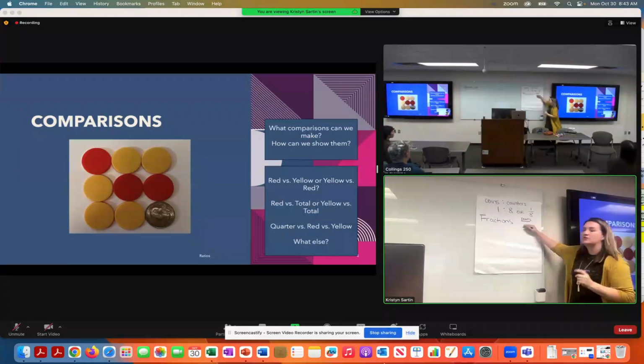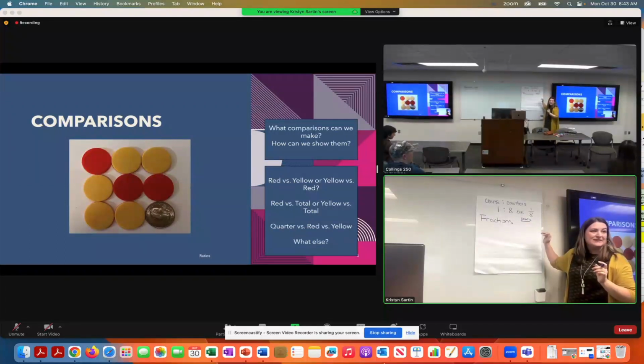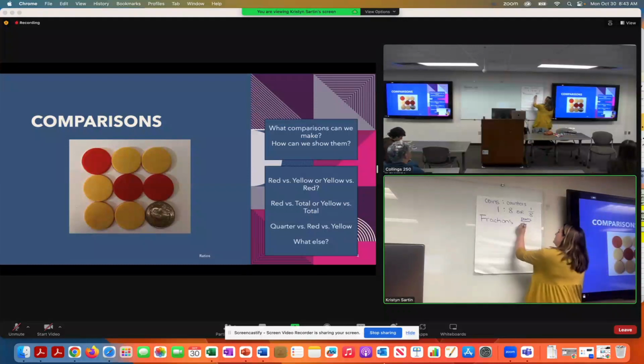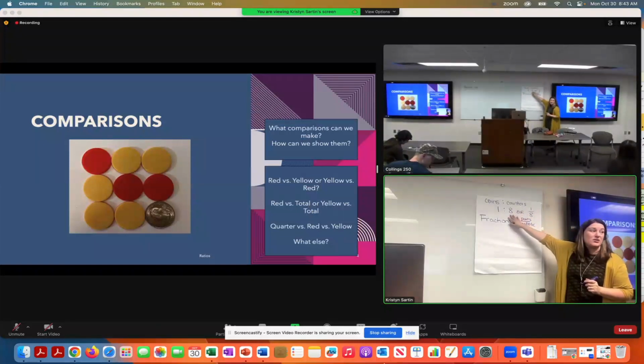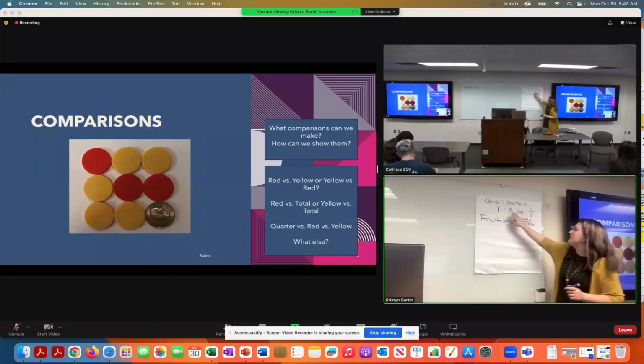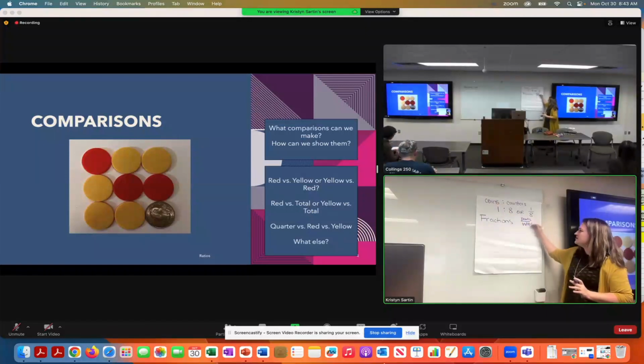And what always goes on the bottom of a fraction? The whole, how many pieces it takes to make a whole. Okay, but that's not what we compared with our ratio, right? We compared, what did we compare? Coins to counters. How does that relate to what we normally do with fractions?